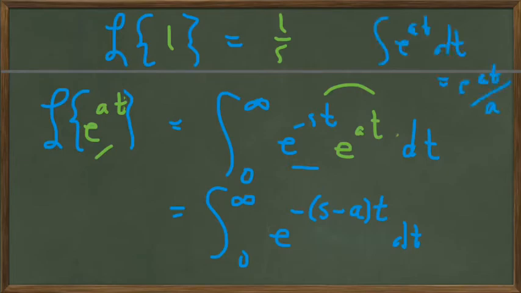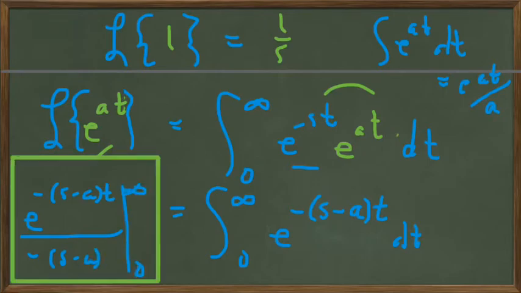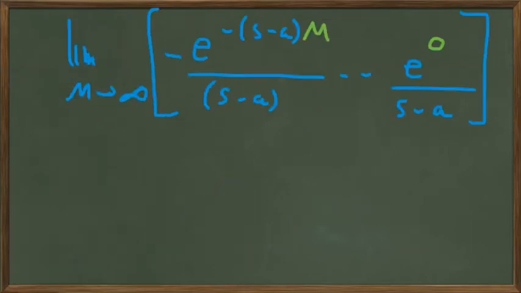First, note again that the integral of e to the at is e to the at over a, and so we're going to get e to the minus (s minus a) t divided by minus (s minus a). We're going to evaluate that between 0 and infinity. We'll turn that into an improper integral on the next blackboard. Okay, so here we have this where we left off.